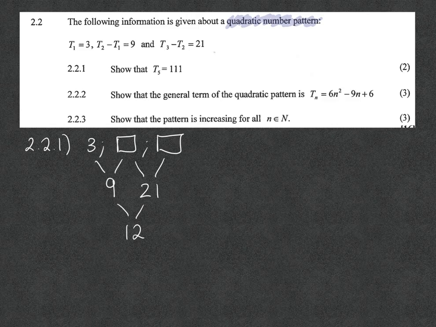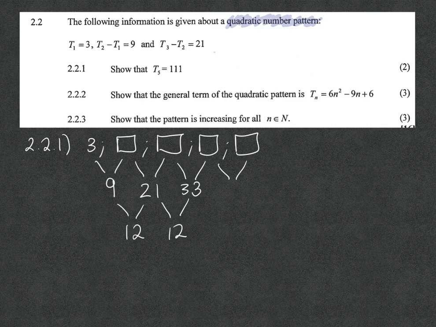So we actually have enough information to carry on with our pattern, because we know that the difference between this, and if I draw 4, 5, the pattern there, that's going to be 12 as well, because it's a second common difference in a quadratic number pattern. So that's going to be 21 plus 12, which is 33. And then another second common difference of 12, and that's going to be 45.